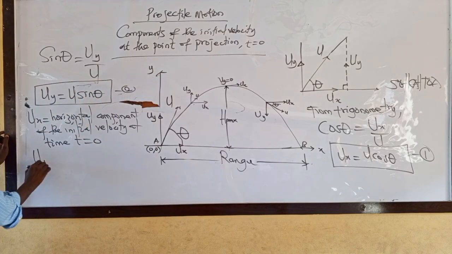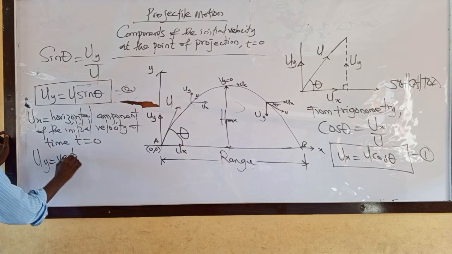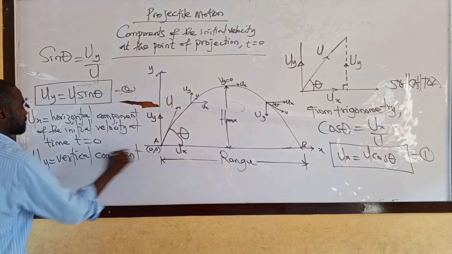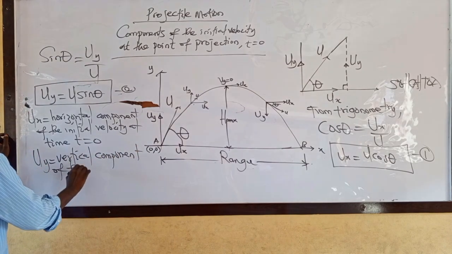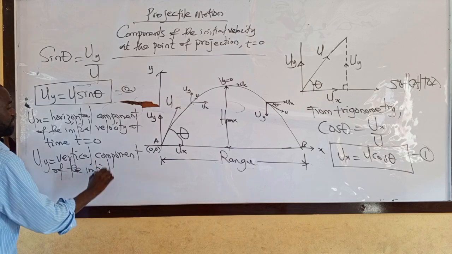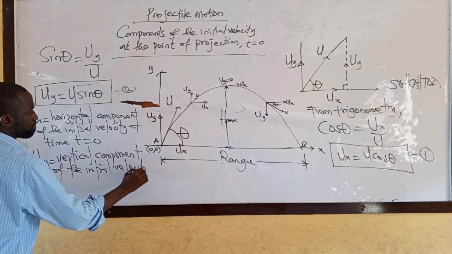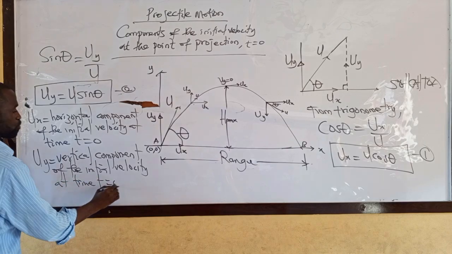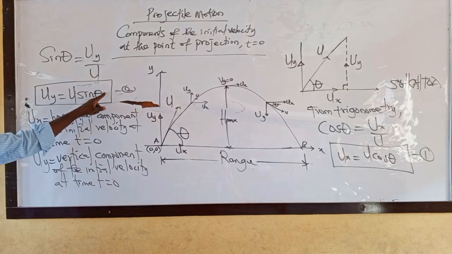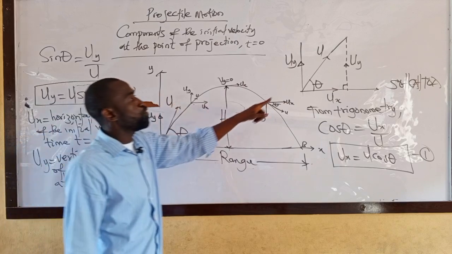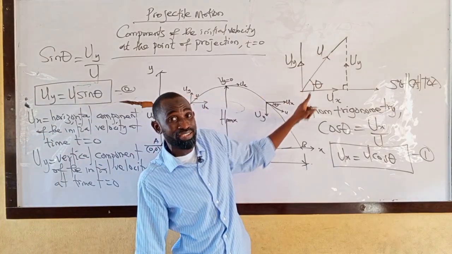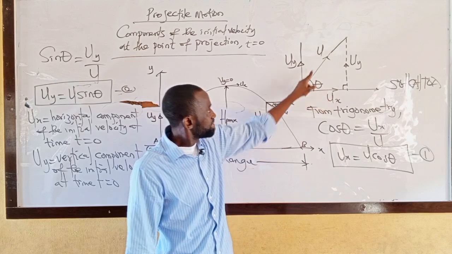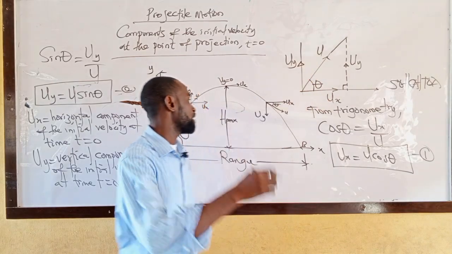Then u of y is the vertical component of the initial velocity at time t equals 0. Then theta is the angle that the resultant makes with the horizontal axis. This is the resultant.